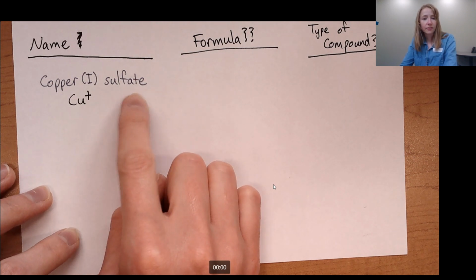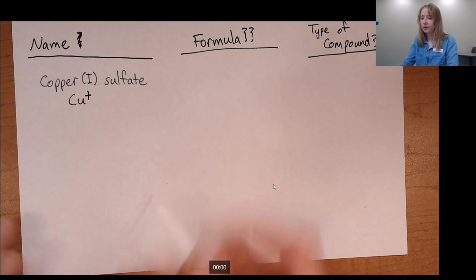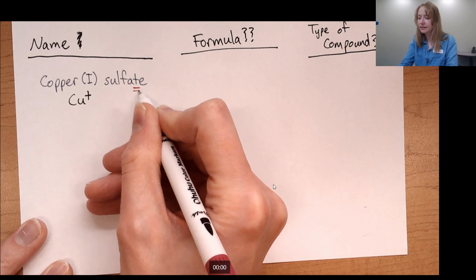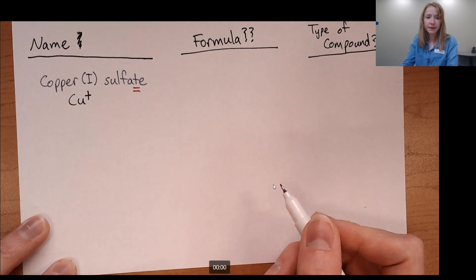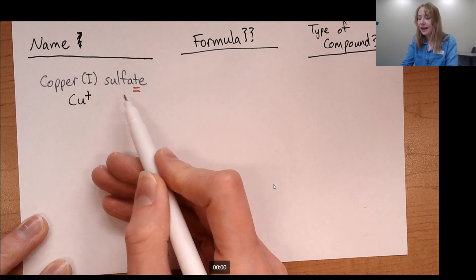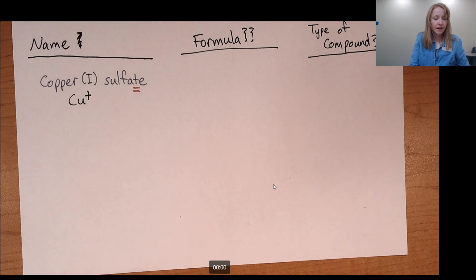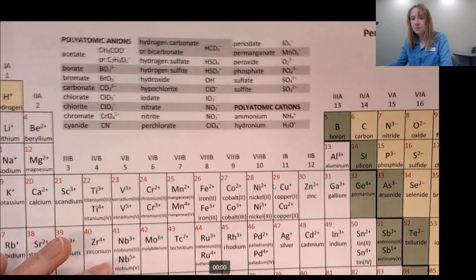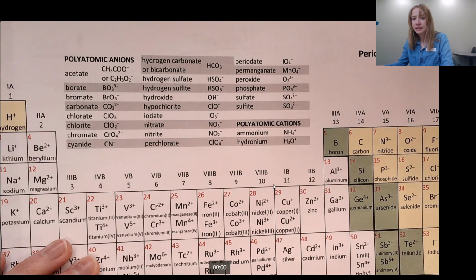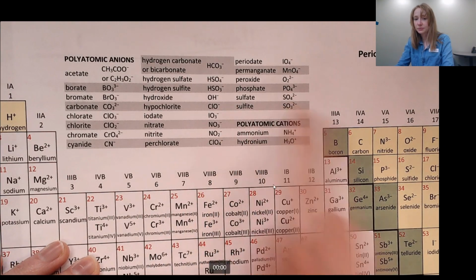And then sulfate. Now, here's a clue here. This T here means that I'm probably looking for a polyatomic ion, because if it was a single element ion, it would end in IDE, as in dog, IDE. And so if we look at a table of polyatomic ions, we can just locate sulfate on that table, and it has the formula SO4 2 negative.